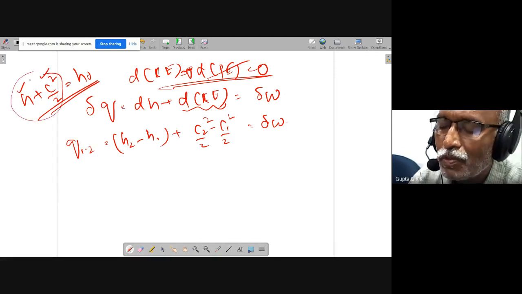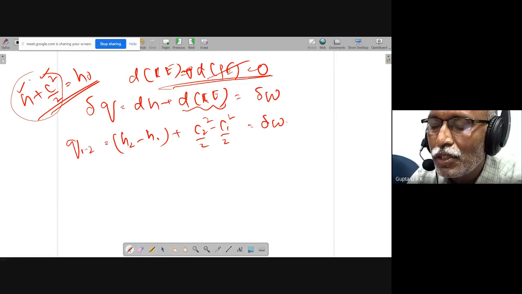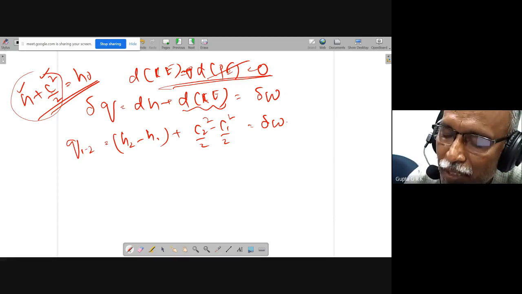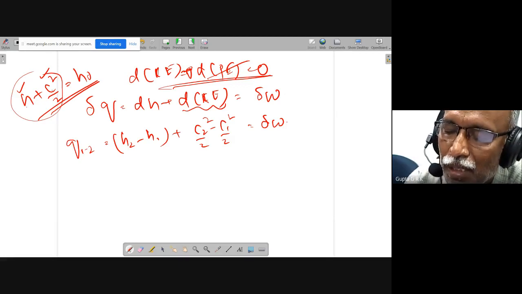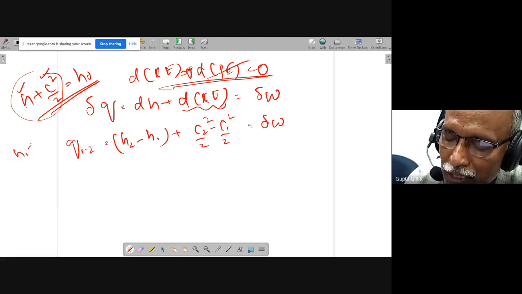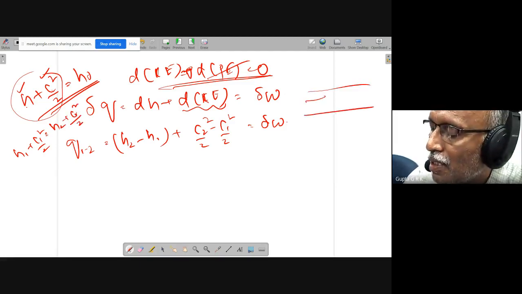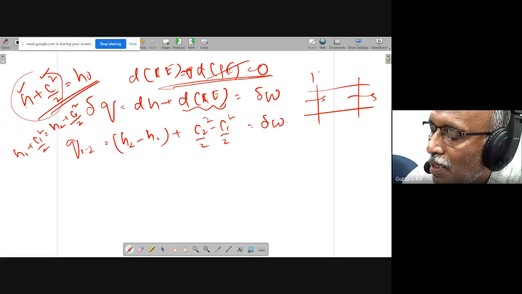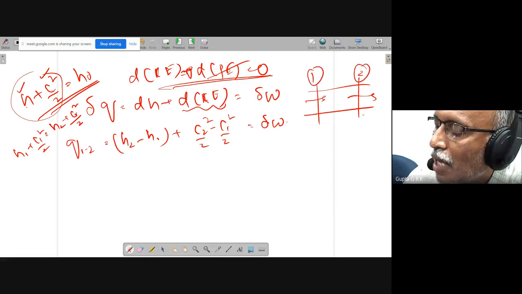Suppose without any loss, I reduce the velocity to 0. Then this kinetic energy gets converted to enthalpy, because H plus C square by 2 is constant. So H1 plus C1 square by 2 is equal to H2 plus C2 square by 2. From here to here it is flowing at stations 1 and 2. At 2, I make the velocity 0, so I will have maximum enthalpy here, and that enthalpy is called H naught.